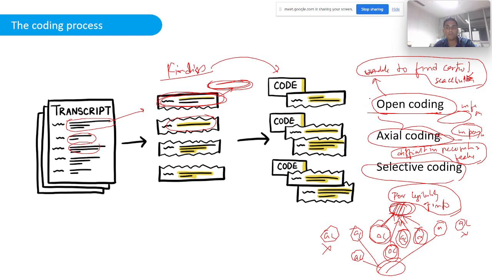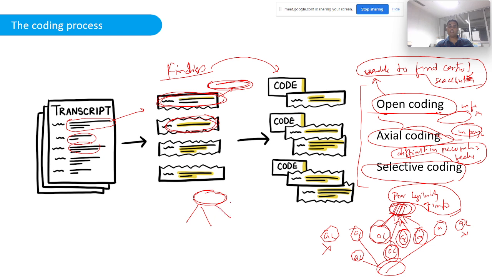Okay. So that's the entire coding process. So the coding process involves identifying key concepts or constructs from the interview transcripts, then assigning labels with hierarchy. So the selective code is the label with the highest hierarchy.